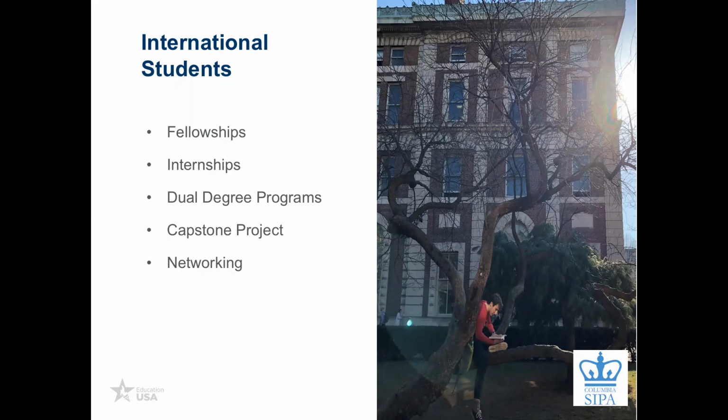And a lot of schools will also include a fellowship in their admissions process. So for example, at SIPA, we offer scholarship and assistantship awards, and it's built within our application process. All you have to do is answer yes on our admissions application to the question, would you like to be considered for fellowship?